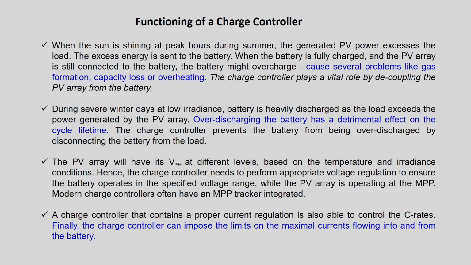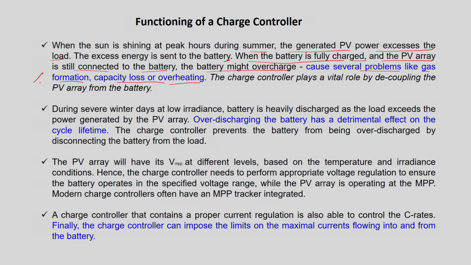So, when the sun is shining at peak hours during summer, the generated PV power exceeds the load. The excess energy is sent to the battery. When the battery is fully charged and the PV array is still connected to the battery, it might overcharge, which may cause several problems like gas formation, capacity loss and overheating.